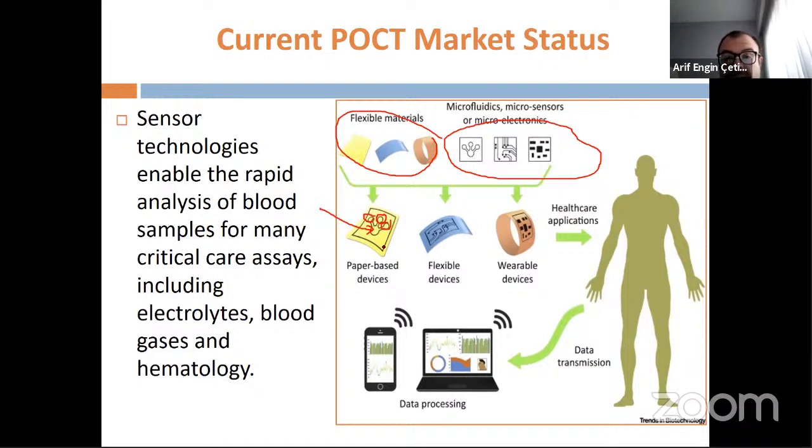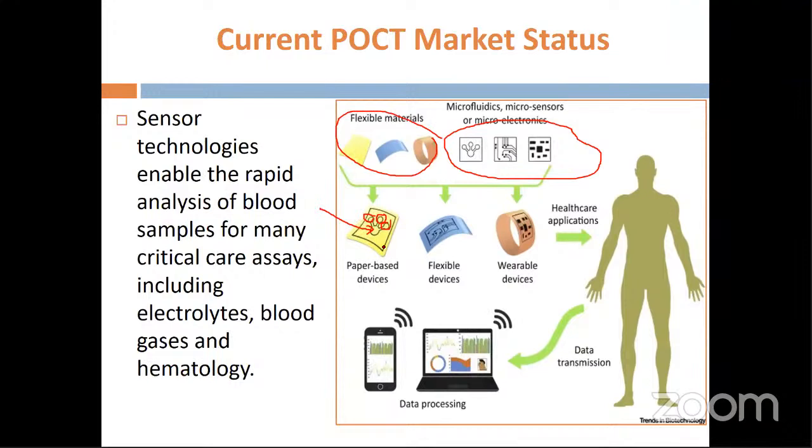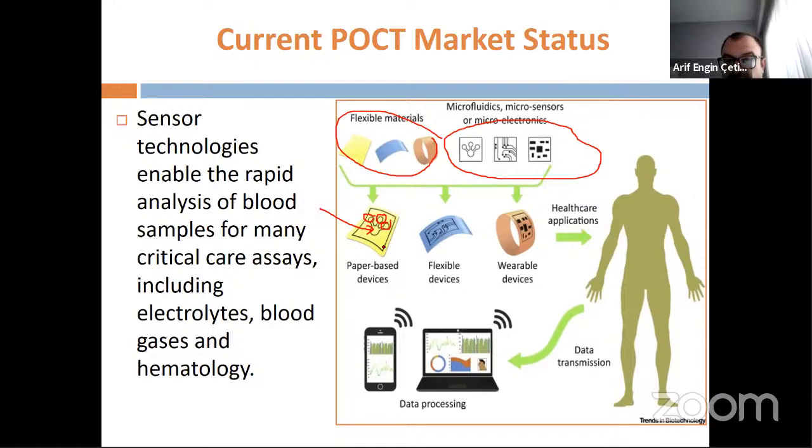Without using those, you might need more blood sample for your glucose tests or any other tests. So with the development of microfluidic devices, with the same amount of sample, you could have more reliable or stronger data for the analysis.